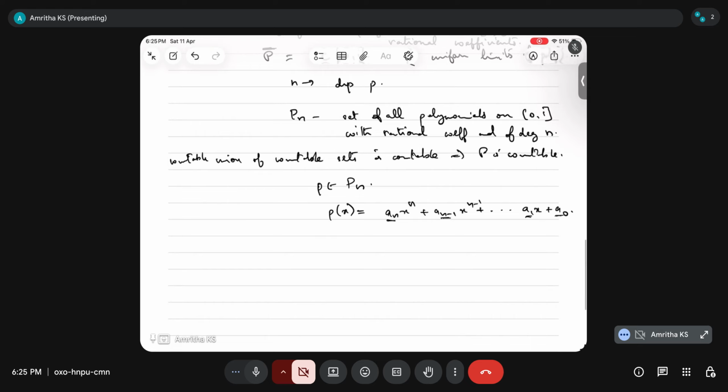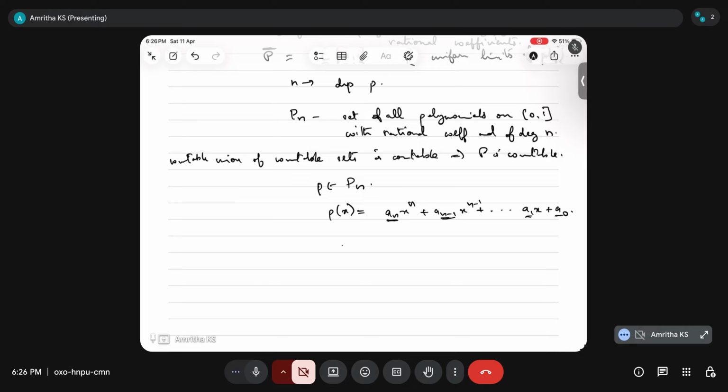Here there are countably many possibilities, here there are countably many possibilities, and so on. That means there are n plus 1 factors with countably many possibilities.